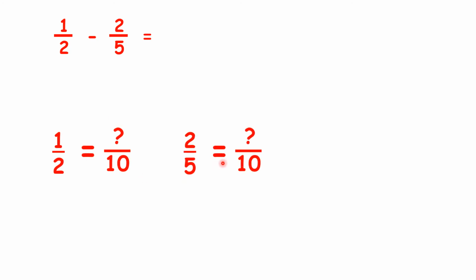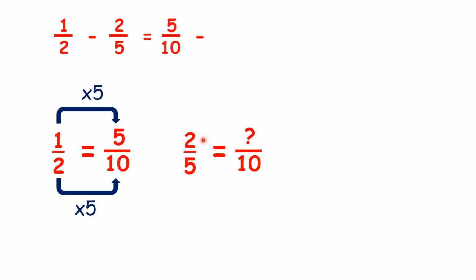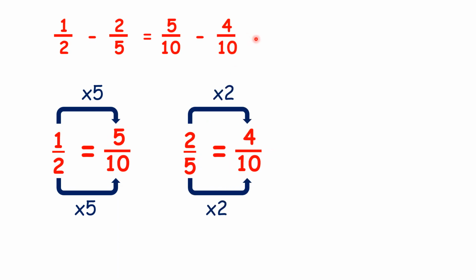We need to convert both fractions so that they have the same denominator, and as 10 is the lowest number in both times tables, as 10 is the lowest common multiple of 2 and 5, we can change them both into tenths. 1/2 is 5/10, and we're subtracting 2/5, which is the same as 4/10. So that gives us our answer, 1/10.